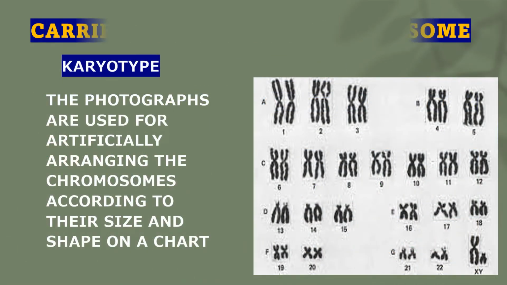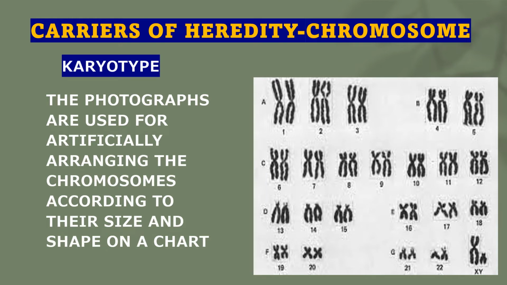Chromosomes are carriers of heredity. Here you can see the karyotype of human chromosomes. You know that there are 23 pairs of chromosomes in human beings. These chromosomes are arranged artificially according to their size and shape on a chart.